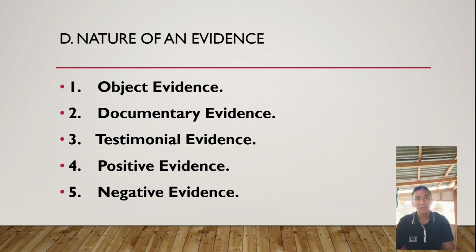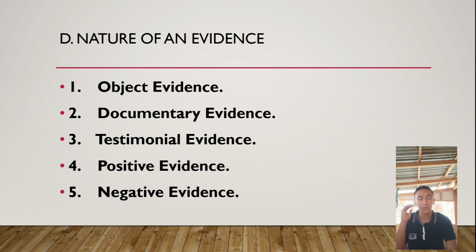The last one is negative evidence. This evidence exists if the witness states that he did not see or know of the occurrence of a fact and there is total disclaimer of personal knowledge.